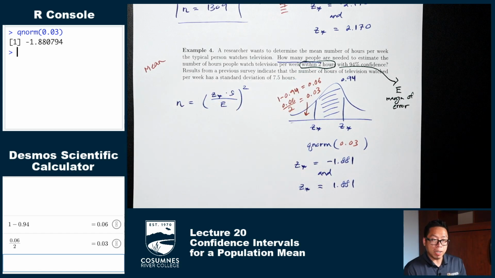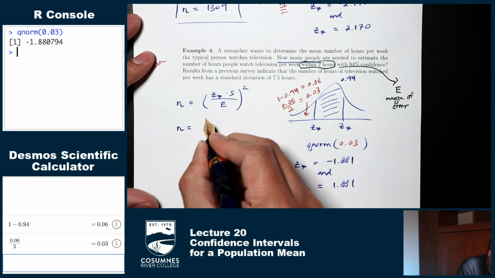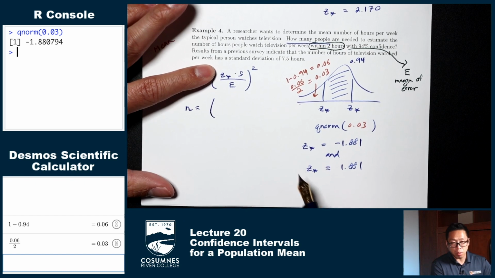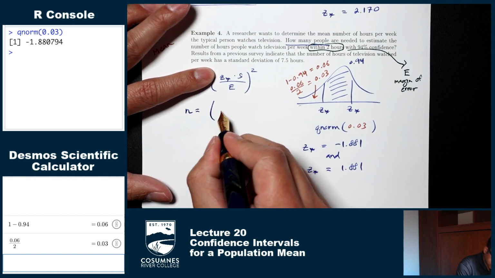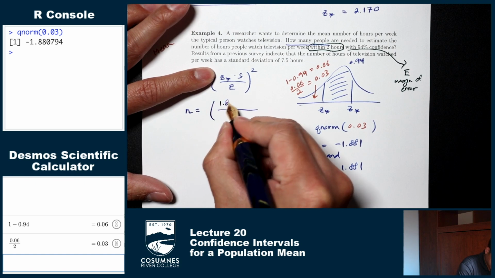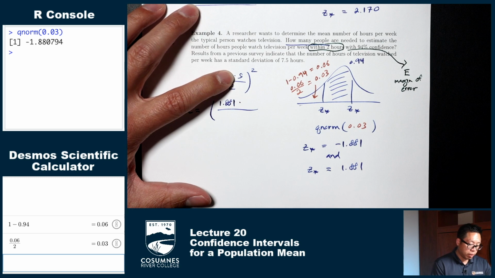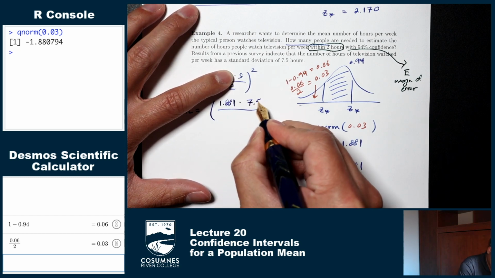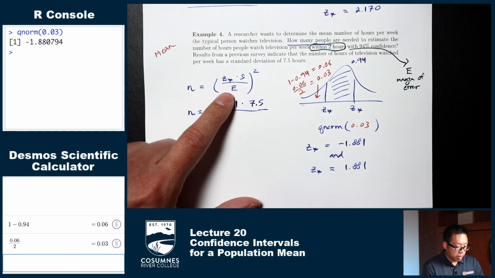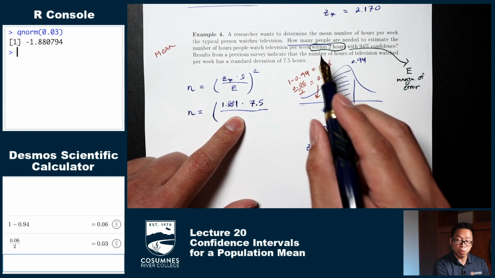Okay, so I think we have everything now. So n equals z star. I have 2 z stars, I always use the positive one, so positive 1.881, times S, the standard deviation. We said the standard deviation was 7.5. E on the bottom is the margin of error. Within 2, margin of error is 2.